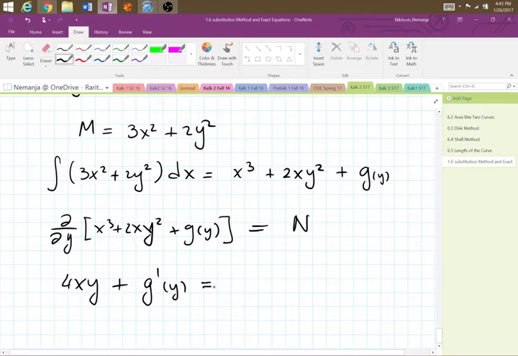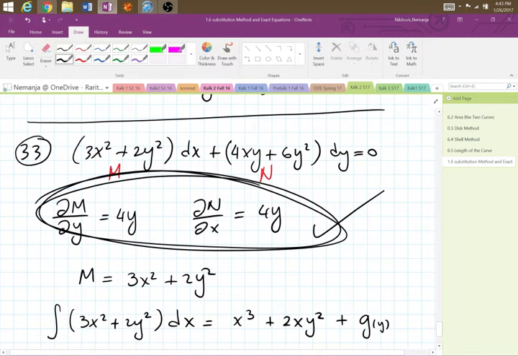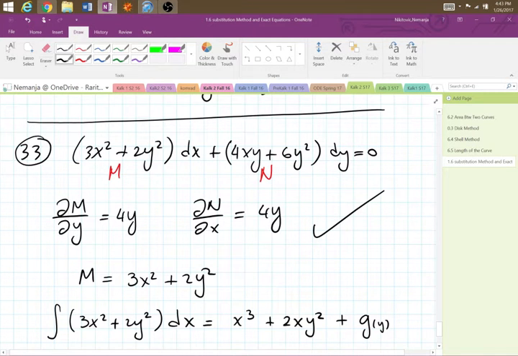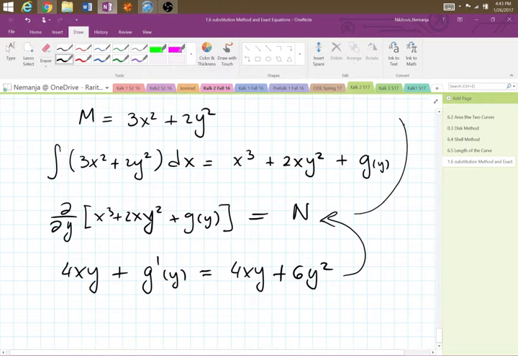Now, why can we do this? Well, I said earlier that the mixed partial derivatives are the same. That's why you have to have the exactness condition, so that you can actually set this to n, which is 4xy plus 6y squared, which came from above.